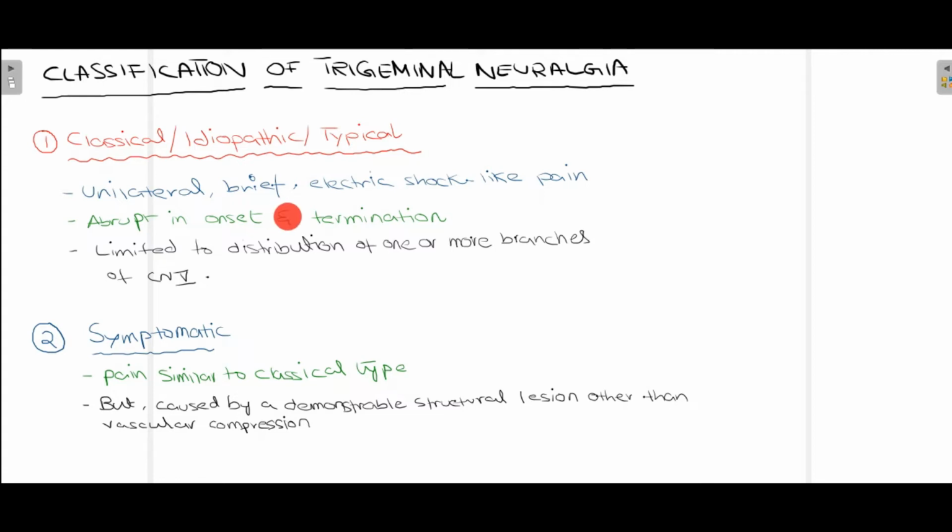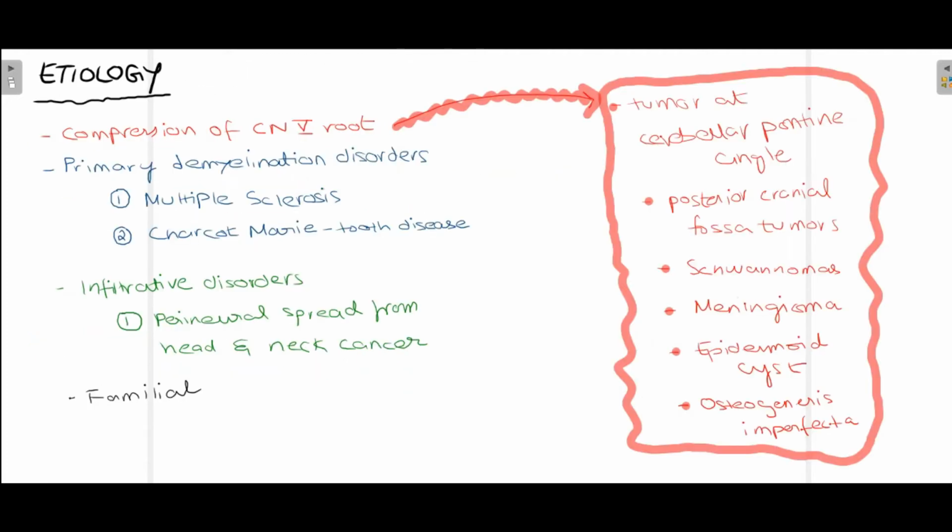In the classical type, there might or might not be a lesion, but in most cases there is no lesion. In symptomatic trigeminal neuralgia, there is a lesion that is causing it. So these are the two types: first classical, also called idiopathic and typical, and the second, symptomatic trigeminal neuralgia.